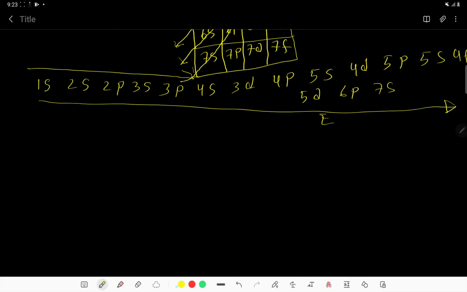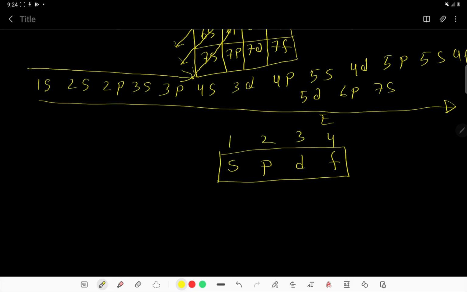You know that usually we distribute electrons to s, p, d and f subshells, right? So this is your first subshell, second, third and fourth. S can handle a maximum of 2, p can handle a maximum of 6, d can handle a maximum of 10 and f can handle a maximum of 14.